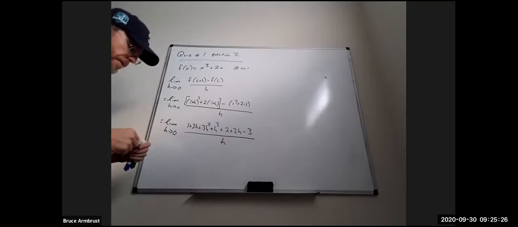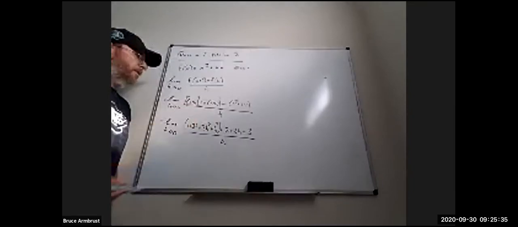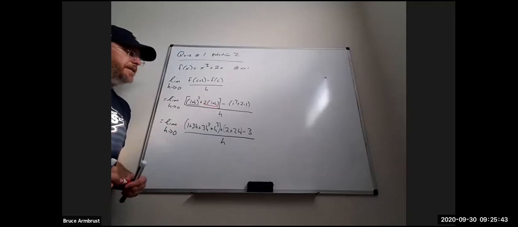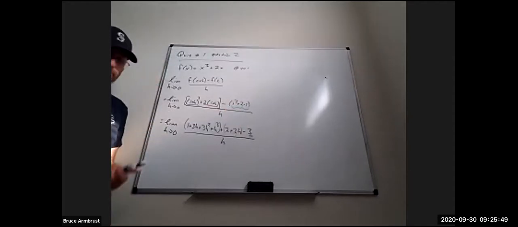Just to show you where everything came from, I'm going to use some color here. The first 4 terms were the 1 plus h cubed. The next 2 terms, the ones in red, were the 2 times 1 plus h. And the 3 was just what we got when we calculated those numbers.